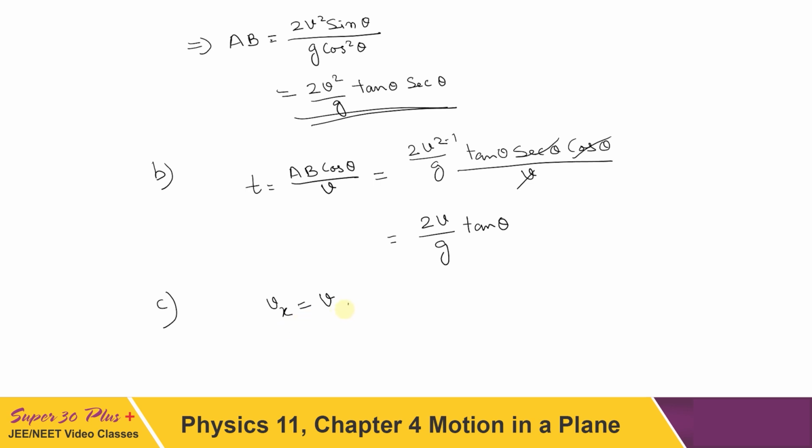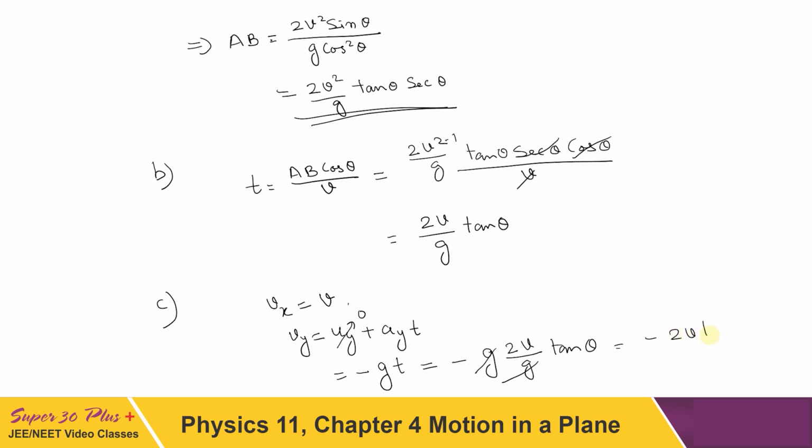But what about y direction? vy is equal to uy plus ay t. As we all know, uy is 0 and ay is minus g. So this is minus g into t. Already we have the value of t. Just substitute it here and that will give 2v upon g tan theta. These two being cancelled, it is equal to minus 2v tan theta. This is the y component of velocity after time t, and v is the x component of velocity after time t.